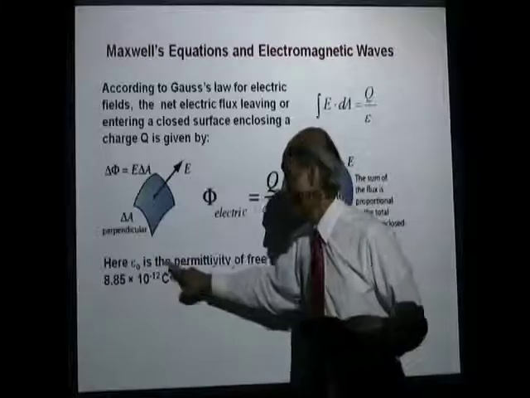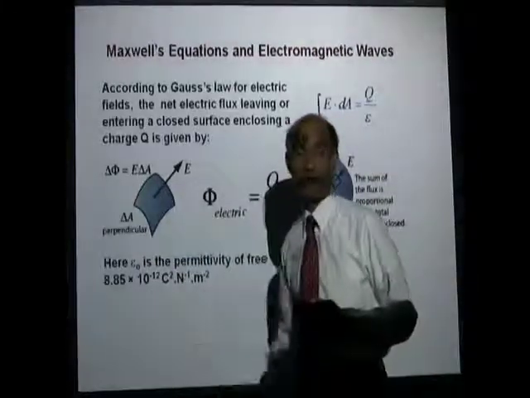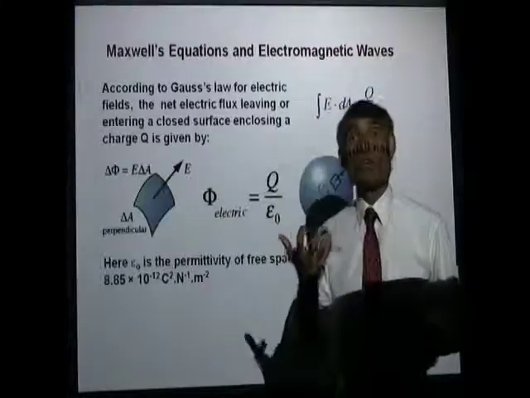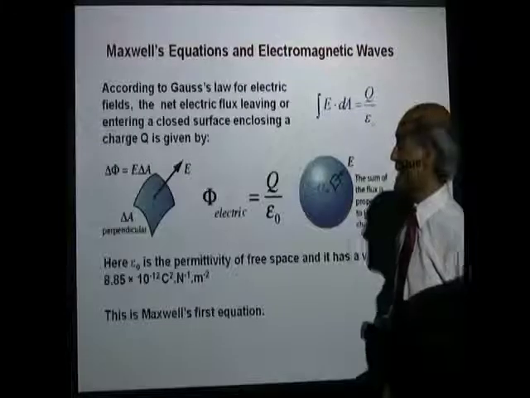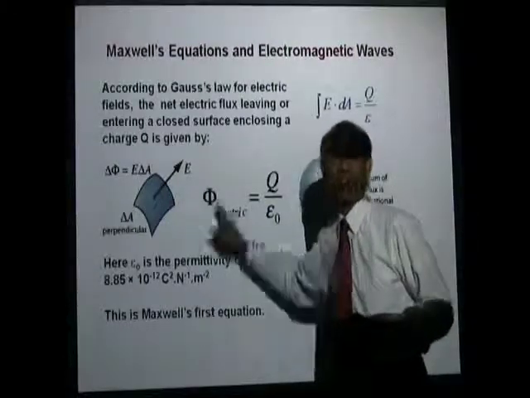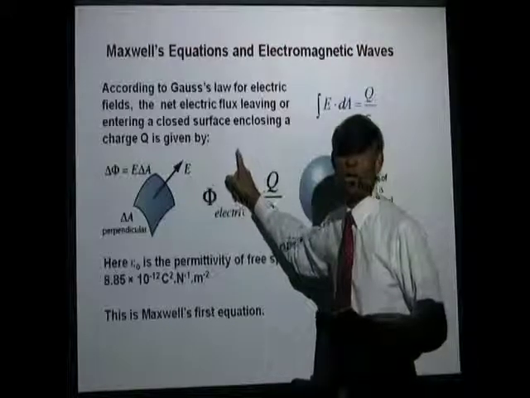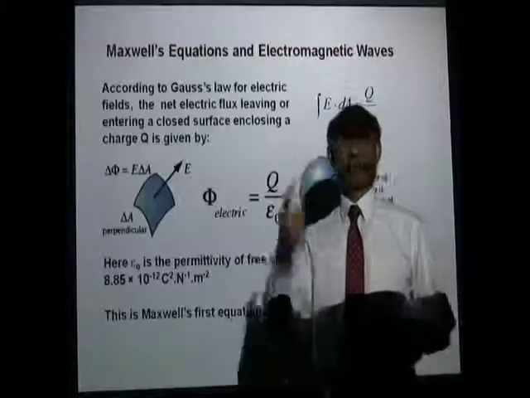So epsilon naught is the permittivity of free space, and remember its value, and mu zero is the permeability of free space. We will use all that in here. So this is the first Maxwell's equation, which is Gauss's law. Gauss's law is Maxwell's first equation.